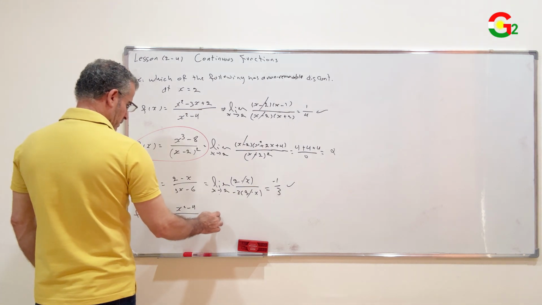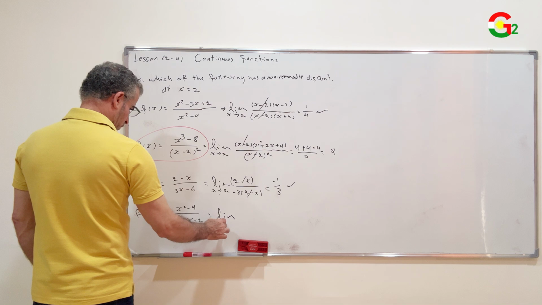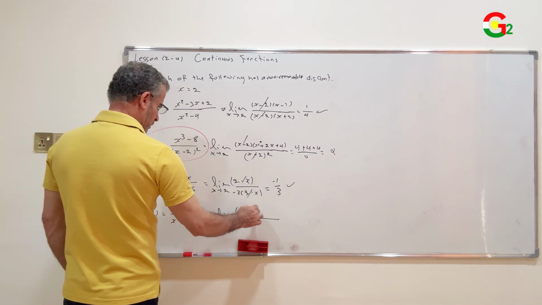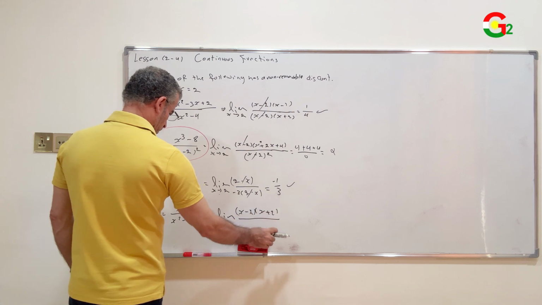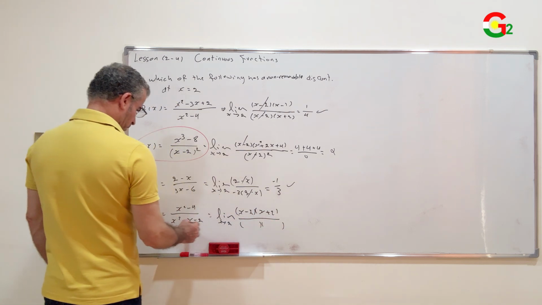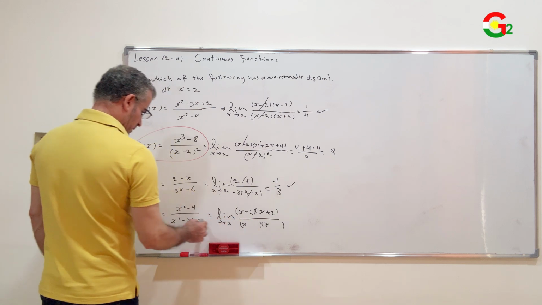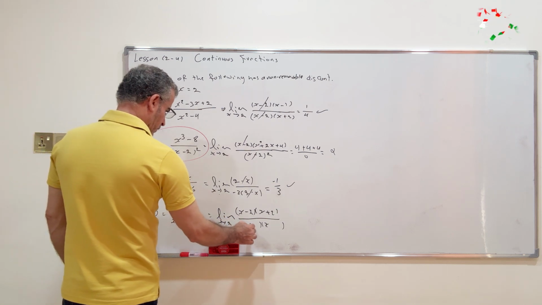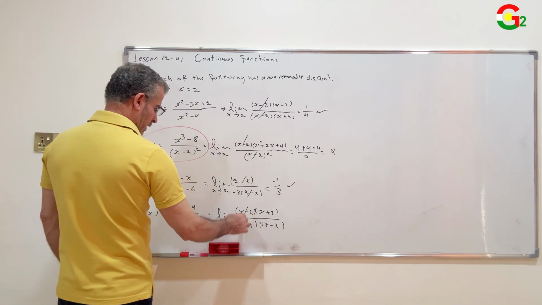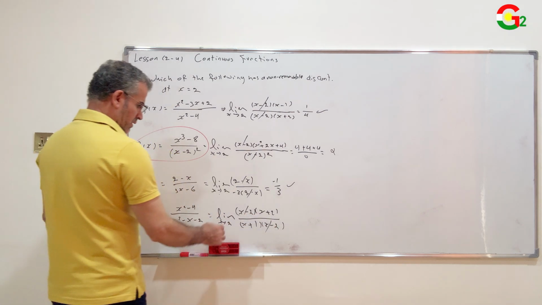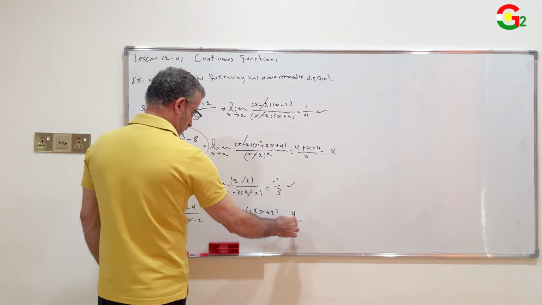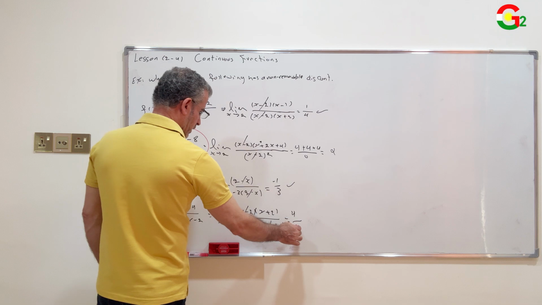For the last function, the limit as x approaches 2: difference of two squares for the numerator, (x minus 2)(x plus 2), and factor the denominator. x minus 2 with x minus 2, substitute every x with 2: 2 plus 2, 4, over 2 plus 1, 3.